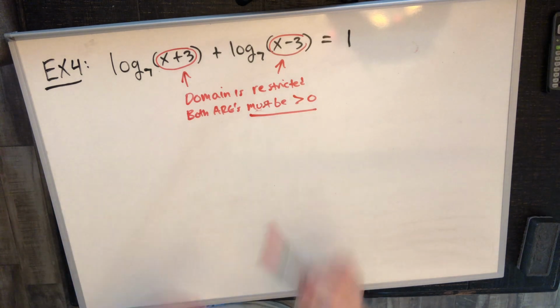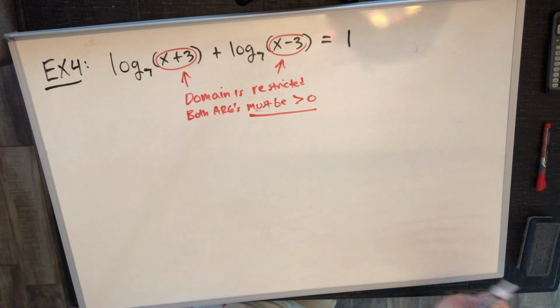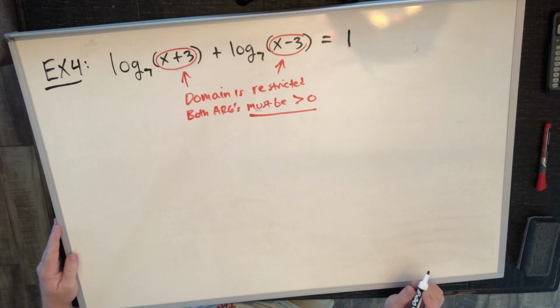So we cannot have a solution that's less than 0. We cannot have an x that causes the argument to be less than 0.